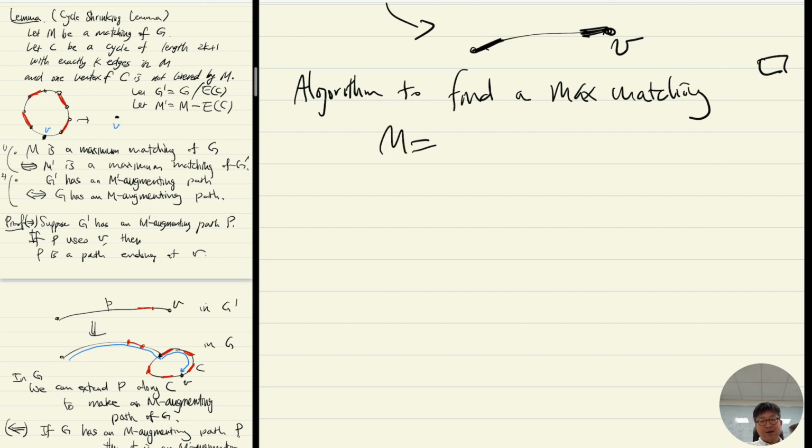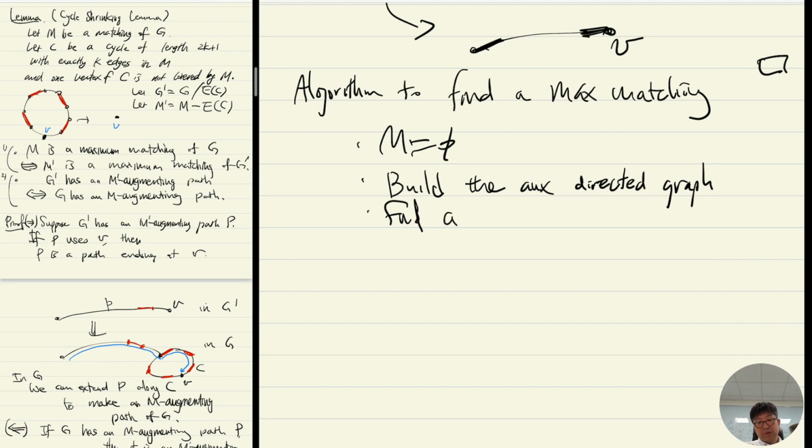So you start with the empty set as a matching, and build the auxiliary digraph, directed graph, and find an M augmenting path or an M flower, right?